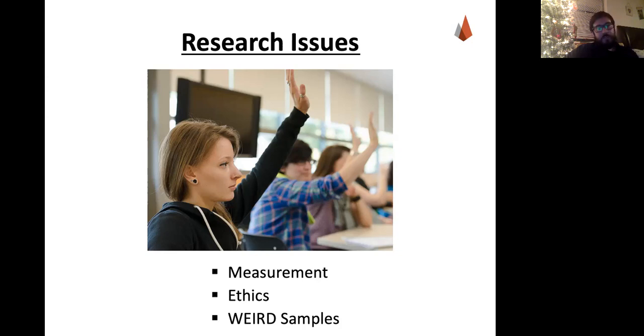So in social psychology, every so often you hear in the news that so-and-so research cannot be replicated, or so-and-so got in trouble for this type of research because it had some weird flaw or some weird findings.